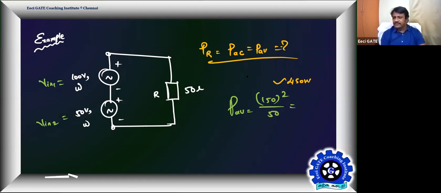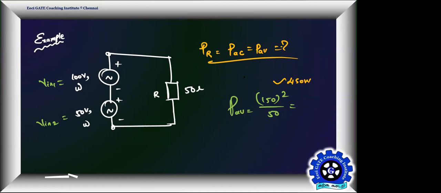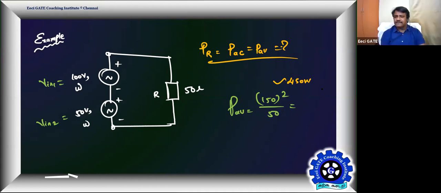Am I right, Tejal? Yes, sir. So 150 into 150 divided by 50, 150 by 50 will be 3, resulting in 450 watts. Even during examination, don't depend on your online calculator. Do it manually quickly. So 450 watts. Everyone agree with this?